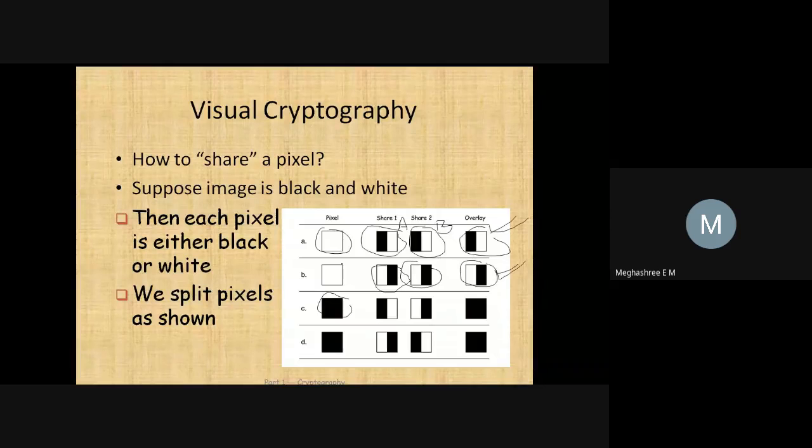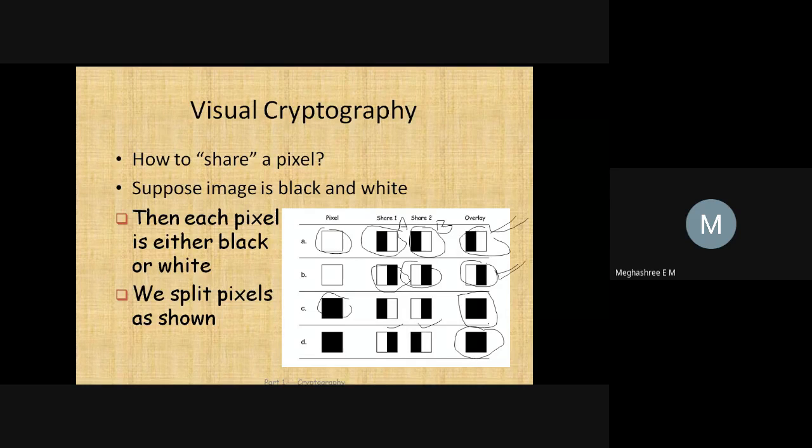Now what happens with the black pixel? You can see here again it is split into two shares, share 1 and share 2. When you overlay these, you can see again the complete black pixel, right? If you go with another case, that is D here, the share is different compared to C. When you overlay these two, again the output image will be black, isn't it?